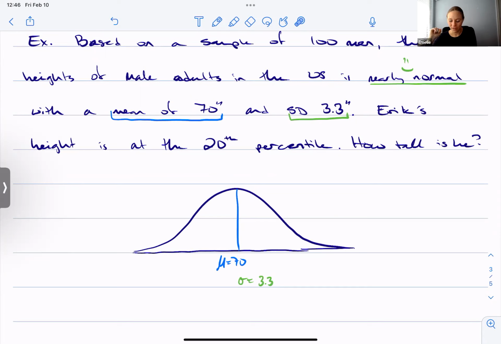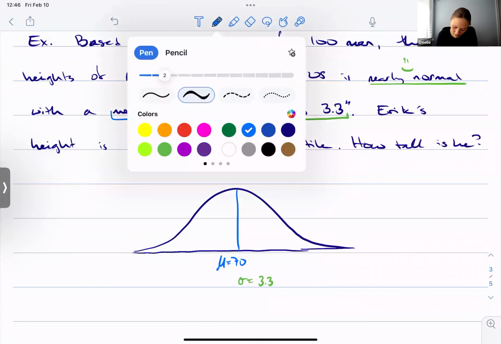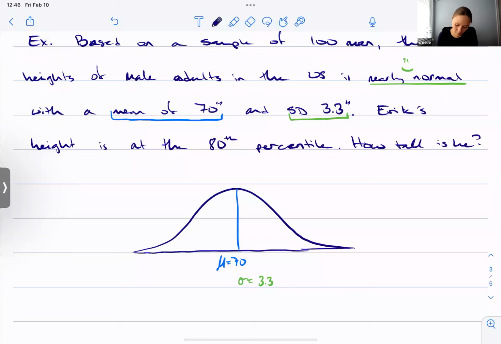But now we're told that Eric's height is at the 20th percentile. Or maybe, you know what, for a little extra practice, I'm going to change that to the 80th. You'll see why I did that, maybe.